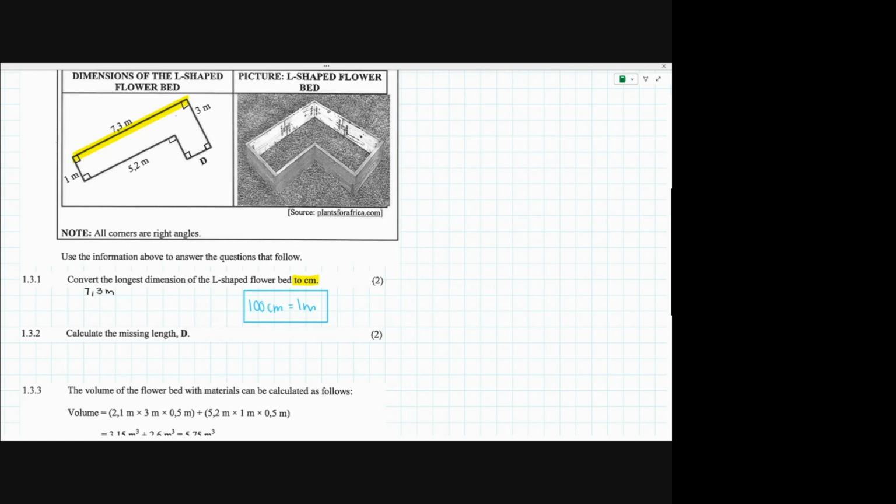Even when we get to map work and scale, it will work. All right, but generally speaking, if you are going from a bigger unit to a smaller unit, you are going to multiply. So here we're going from meters to centimeters, so we would multiply. And then if you're going from a smaller unit to a bigger unit, you would divide. Okay, so that's something to remember.